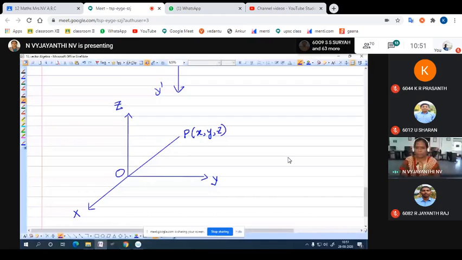A point which is in the space be a point. So now this OP is the distance of point P from origin, isn't it?